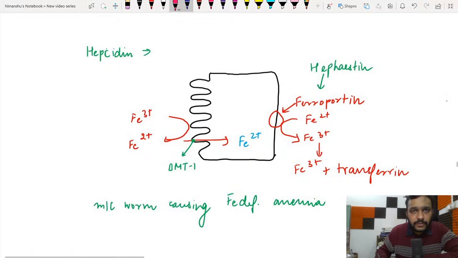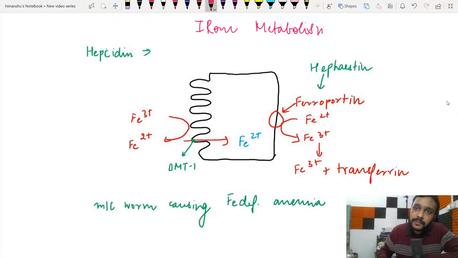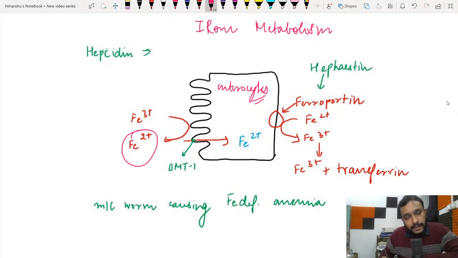Okay, so guys, let us discuss a few points about iron metabolism. Always remember that iron is absorbed in the ferrous form, in the enterocytes, in the duodenum. This ferrous form is absorbed inside the enterocyte with the help of DMT1.